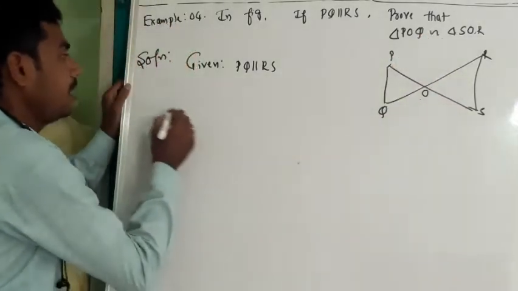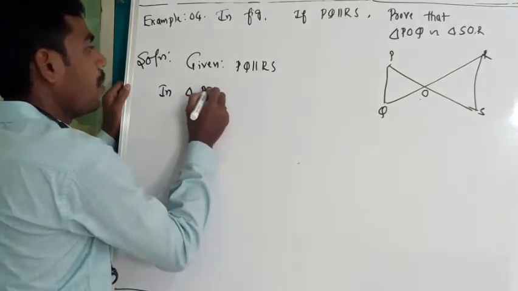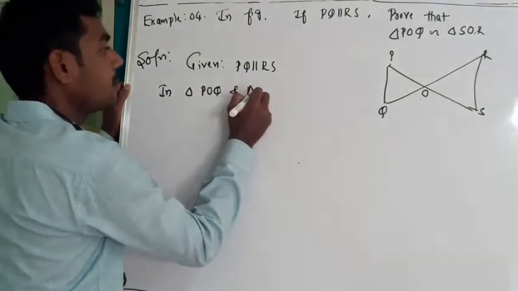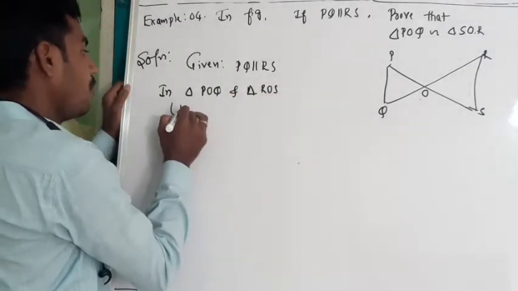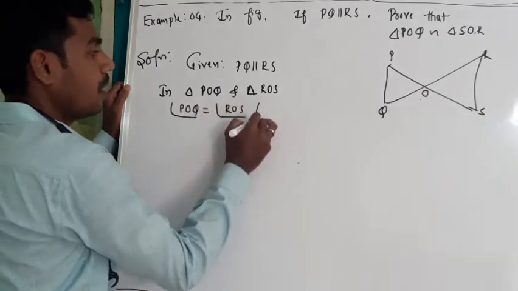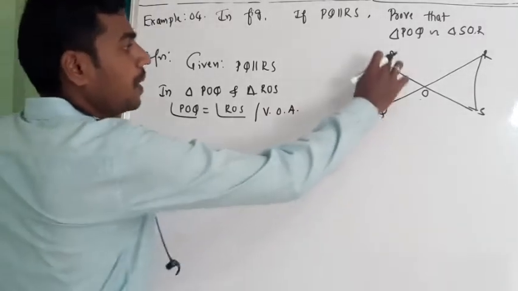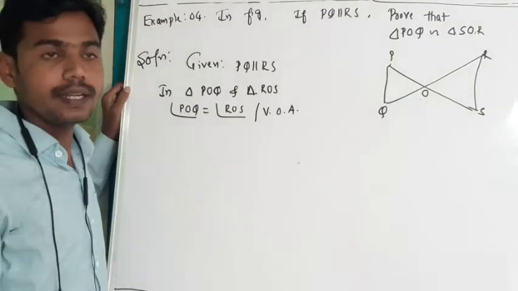So in triangle POQ and triangle ROS, angle POQ is equal to angle ROS because they are vertically opposite angles.